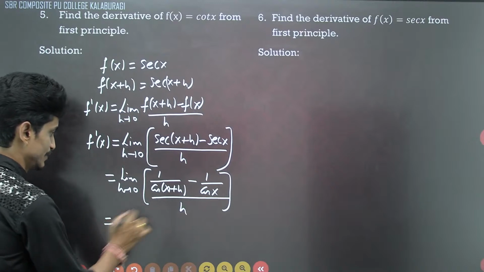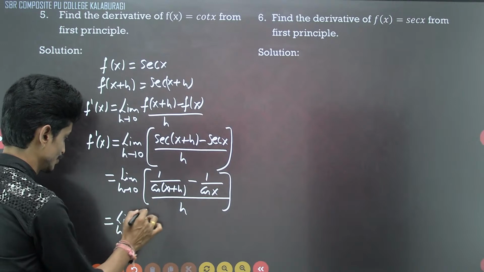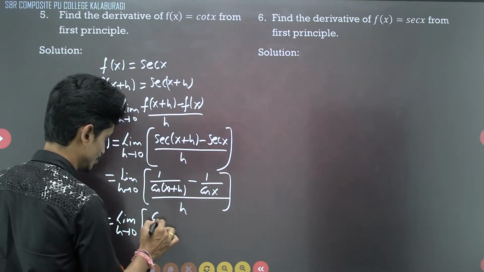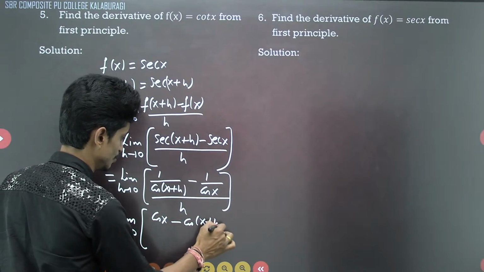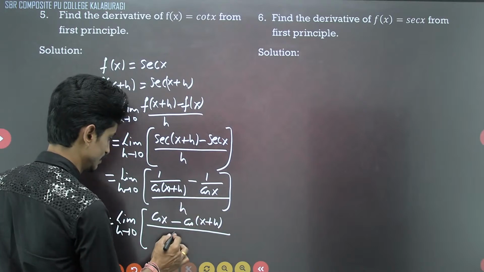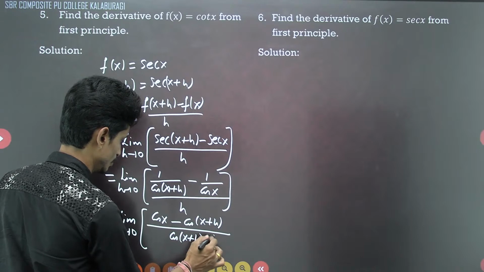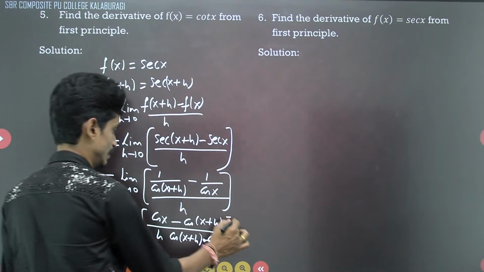Further, you know that we should take an LCM, limit as h tending to 0. It is similar to the previous problem. Cos x goes to this side minus cos of x plus h, and the LCM will be cos of x plus h into cos x, with h.